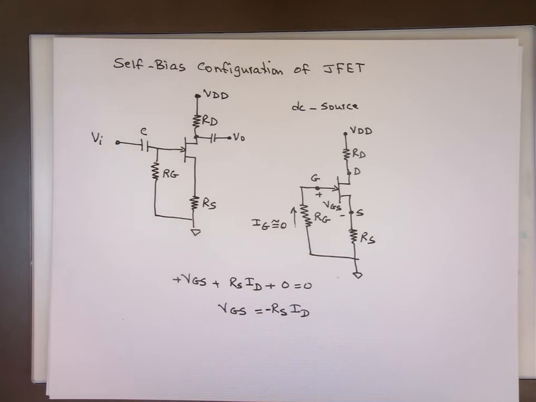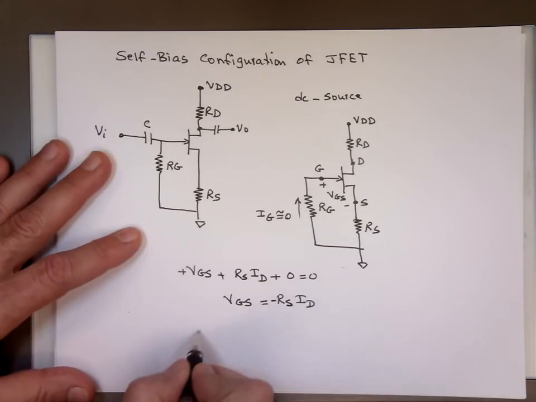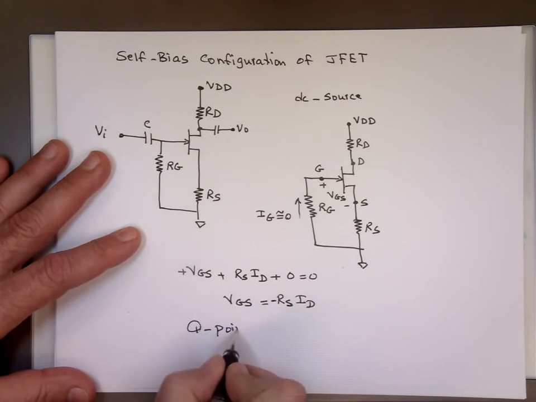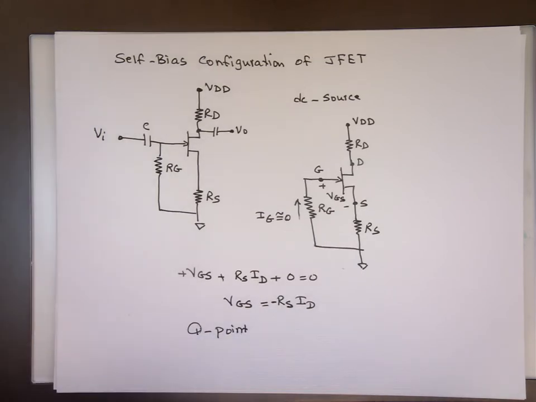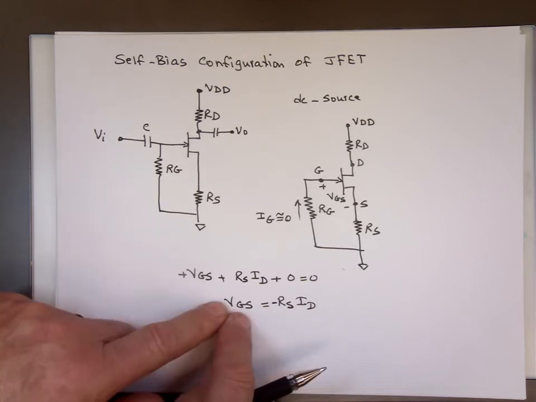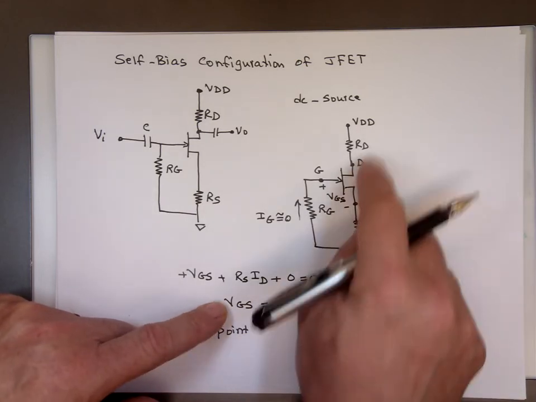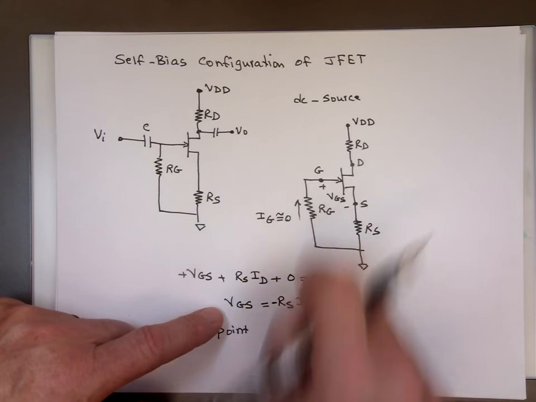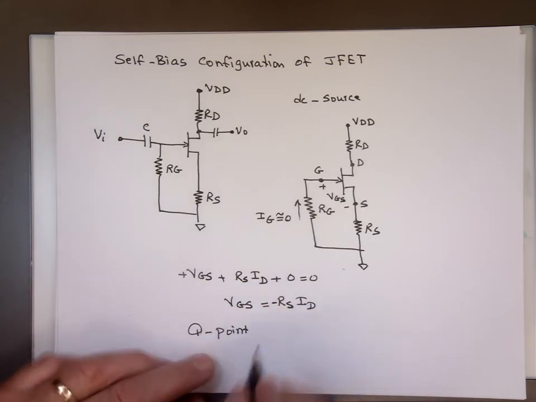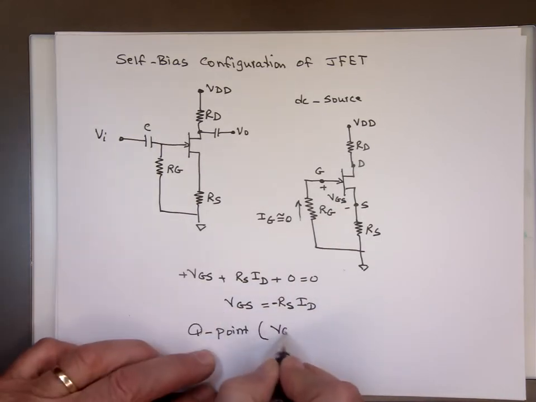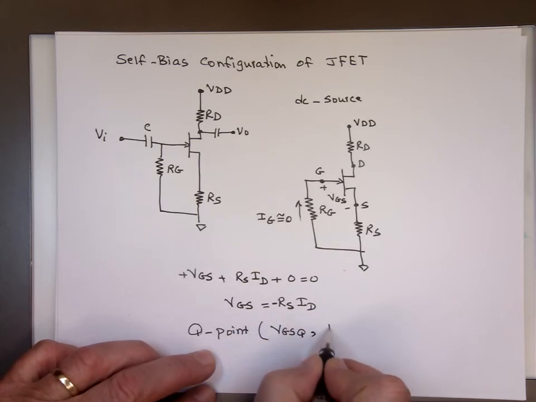So I'm looking for the Q point here. When this JFET is working, what is the voltage and what's the current? You can see the voltage is not a fixed number. VGS depends on I sub D. If I sub D is larger, this is larger. If I sub D is smaller, that's smaller. So it's going to be at VGSQ, that's the operating point, and the current I sub D we're going to call I sub DQ.